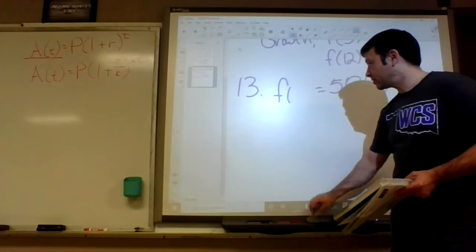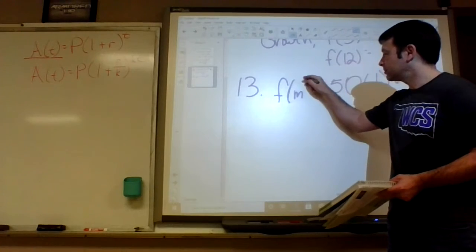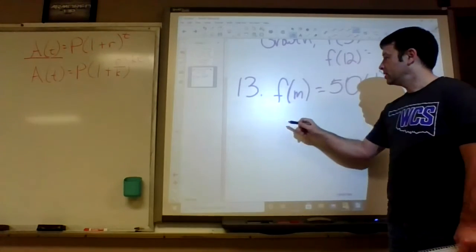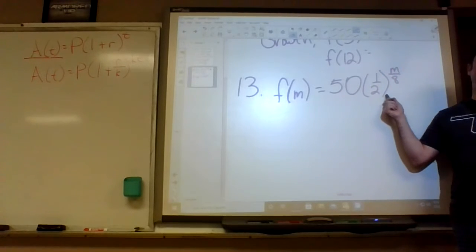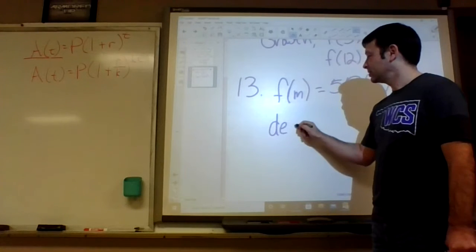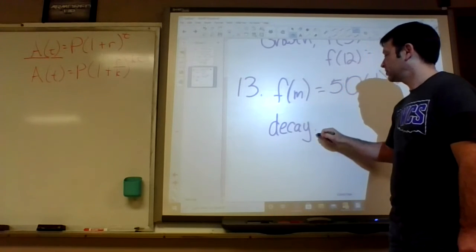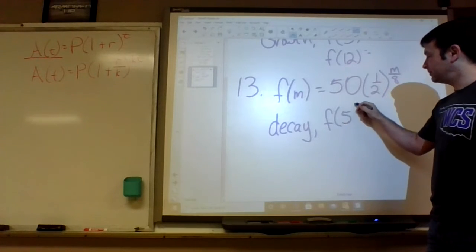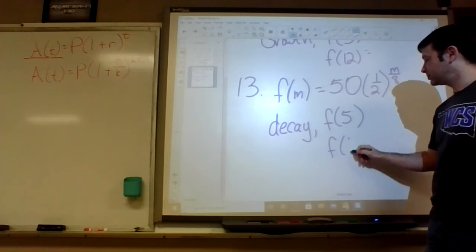So we're plugging 5 and 12 in for the minutes. Okay, is this going to be growth or decay? Decay. It's going to keep splitting in half every 8 minutes. So what is F of 5 and F of 12?